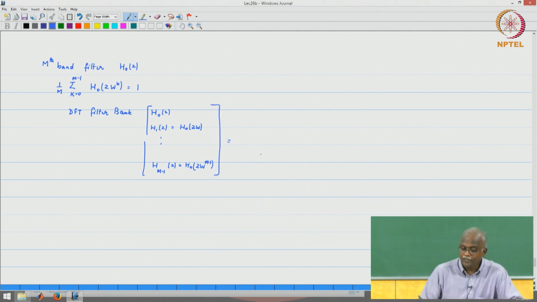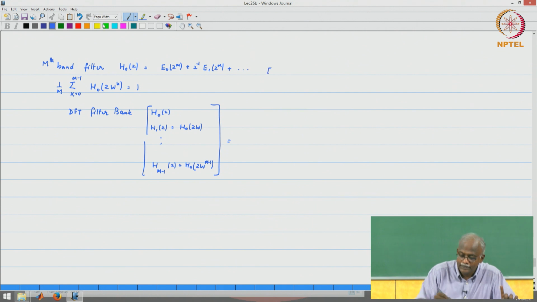In terms of the polyphase components, basically I would now have the polyphase components as E naught of z^m plus z inverse E1 of z^m. E naught of z^m will be a constant, but for now I am just writing it in its full form, up to z^(m minus 1) E m minus 1 of z^m.